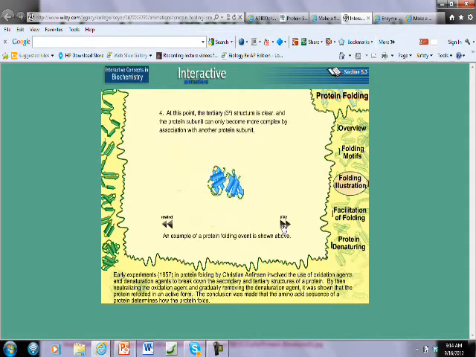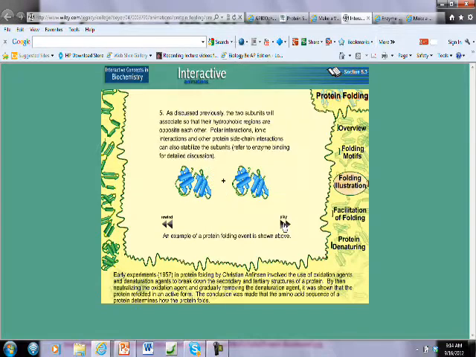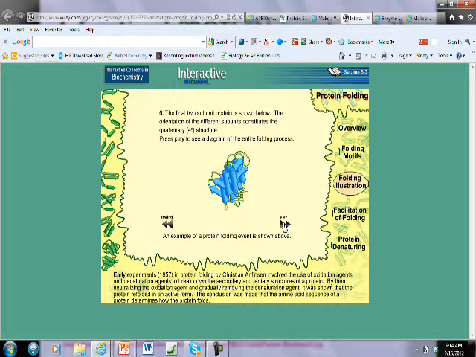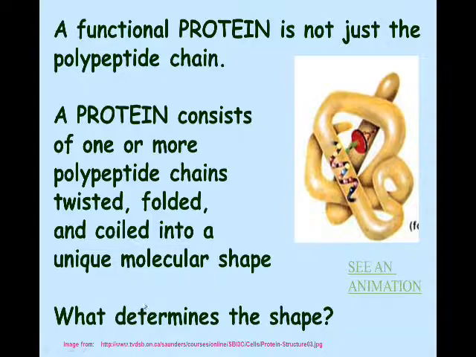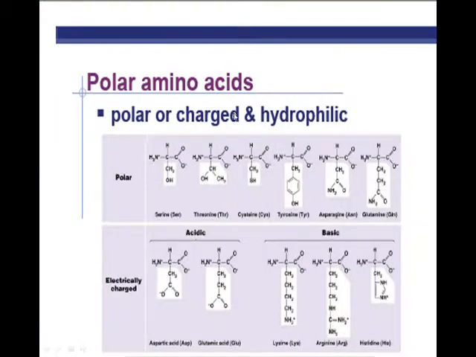Complex folding, and we get a final 3D shape of our molecule. Some proteins go on even further to take multiple protein chains and join them together to make a bigger, more complicated protein. And so those are the levels of protein folding that go in to make that final shape of our protein. So we're going to look at what's causing that.